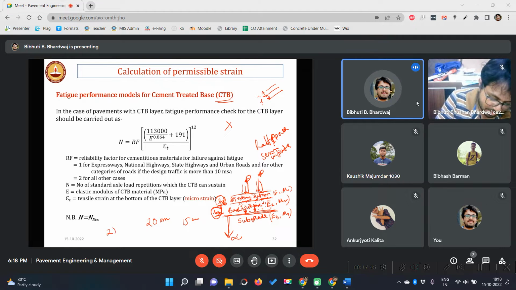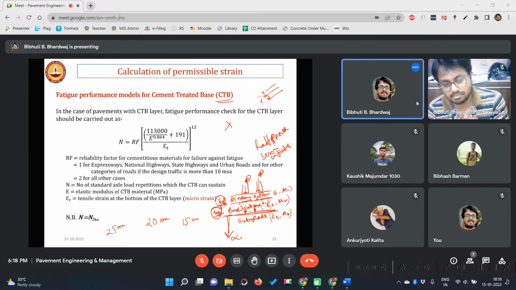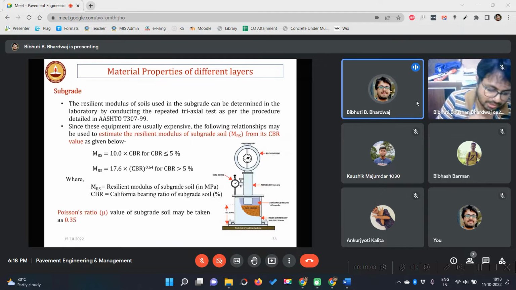And if you provide 25 centimeter, then what will happen? It will be more costly. Yeah, it will be simply wastage of taxpayers' money, right? So as an engineer, you need to find out the optimum thickness. Okay. So now coming into that.